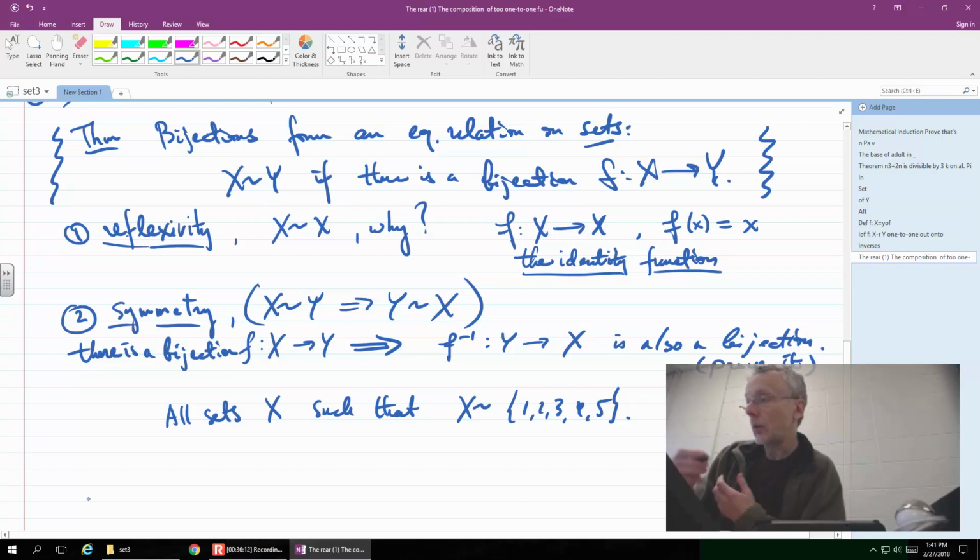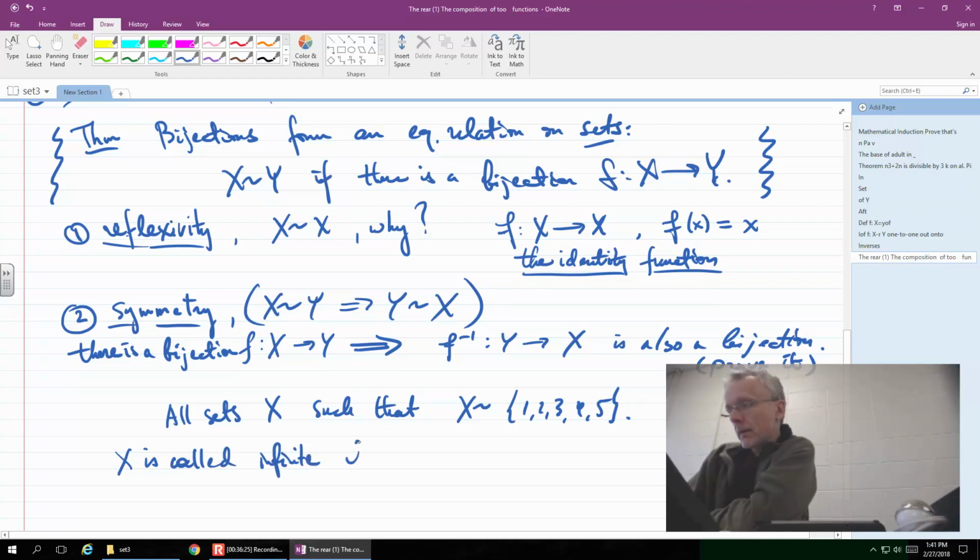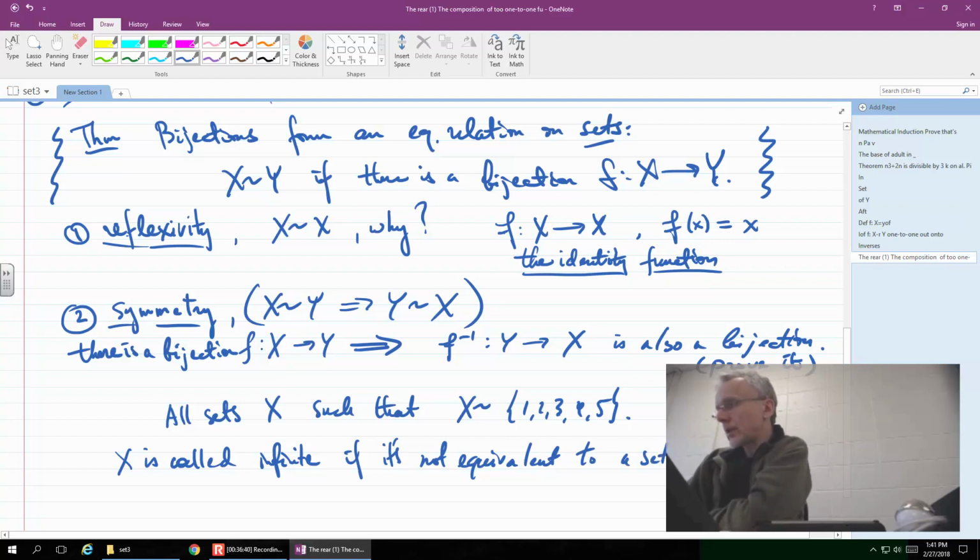But then what we get to, following this logic, it continues on. What about we have infinitely large sets? So in other words, X is called infinite if it's not equivalent, so there is no bijection, to a subset 1 through n.